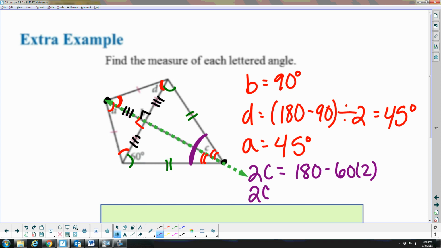So 2C is equal to 60. Therefore, C is equal to 30 degrees.